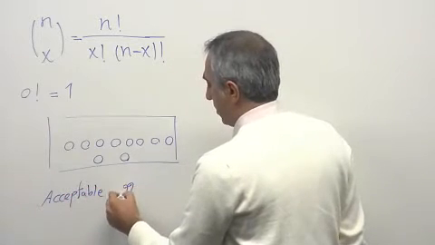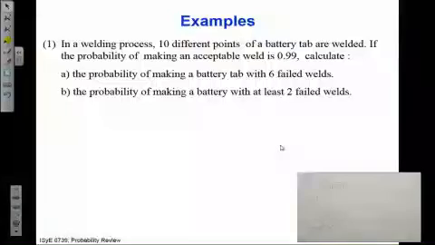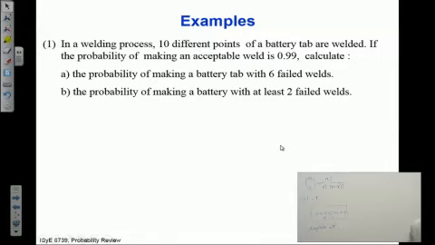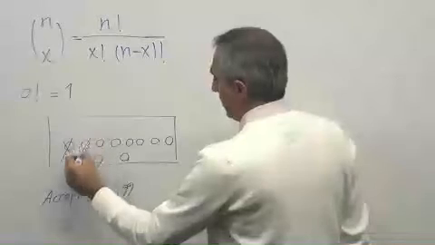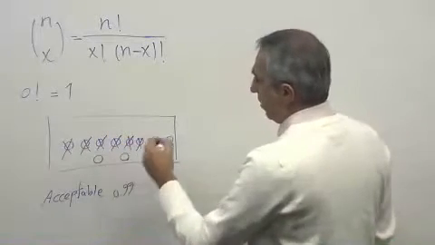The question asks the probability of making a battery tab with 6 failed welds. So what is the probability of producing a battery tab where 6 out of 10, for example, are failed?